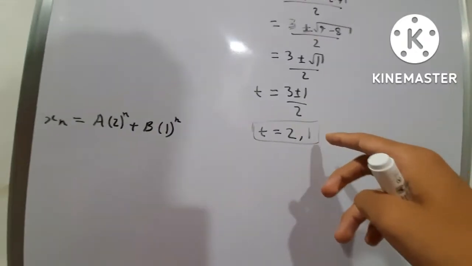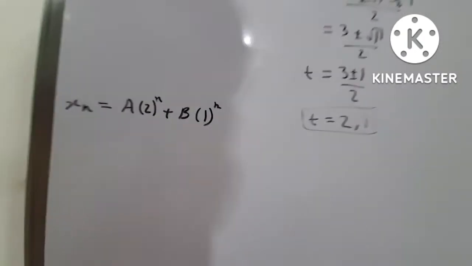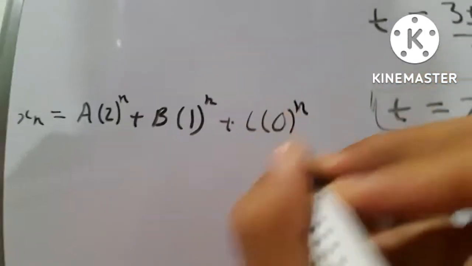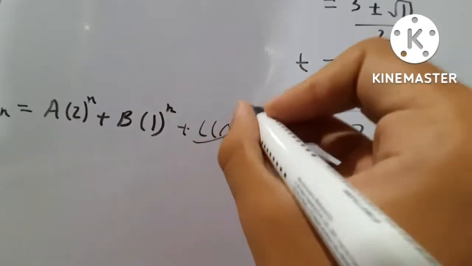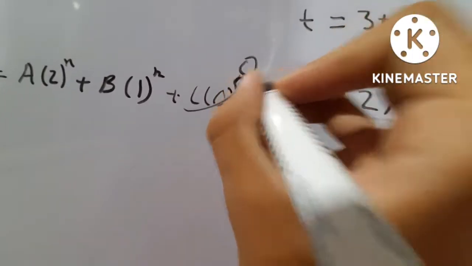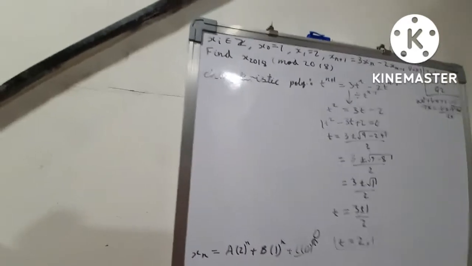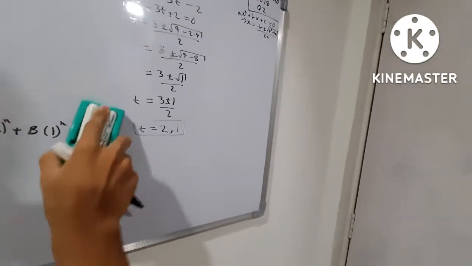So let me just paint a picture for you. If you say that p is equal to 0, then you're going to get plus c times 0 to the n. And notice that that's absolutely nonsensical. It goes to 0. You may as well not say it at all.